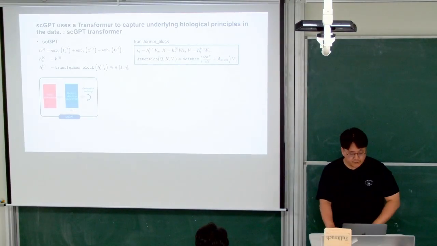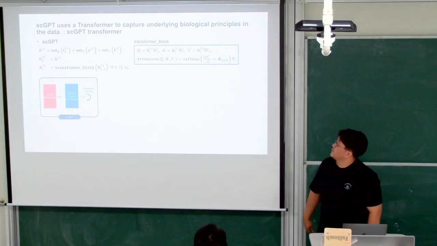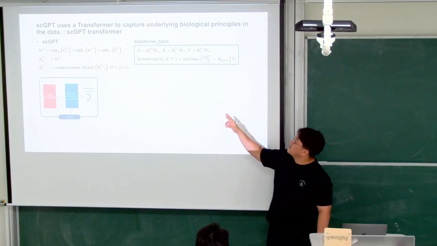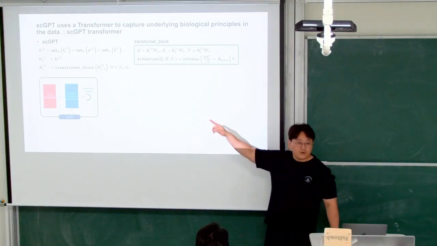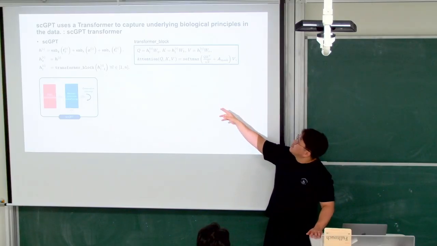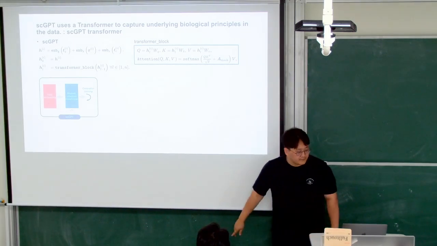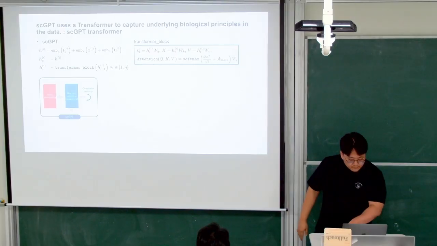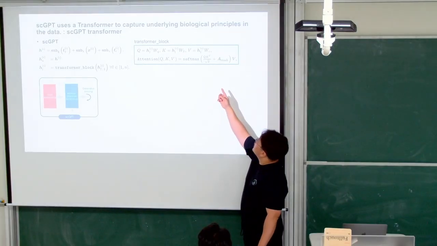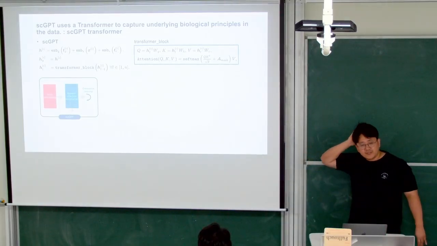Each transformer block is nothing but self-attention. We have input data H^L, and then we can calculate the Q, K, and V, the query, key, and value tensors, by multiplying the input data with three weight tensors. Then what is QK transpose?